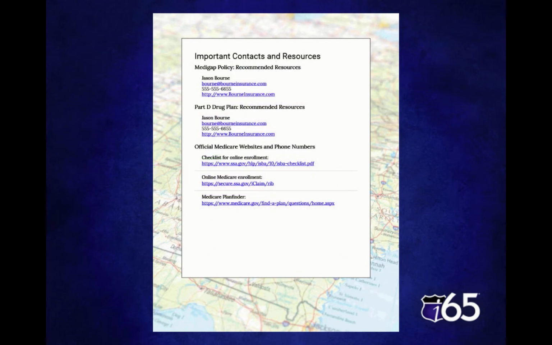Page 2 in every report is handy Medicare-related resources. You'll find important links for Medicare websites in addition to contact information for an independent local insurance agent you may want to consider to help you get specific Medicare plans.